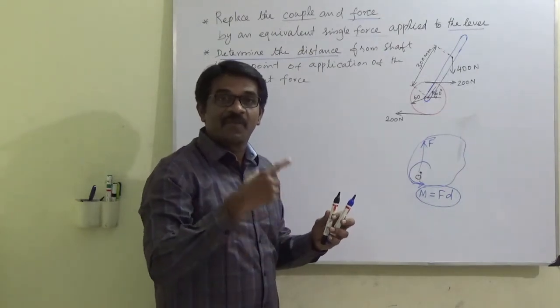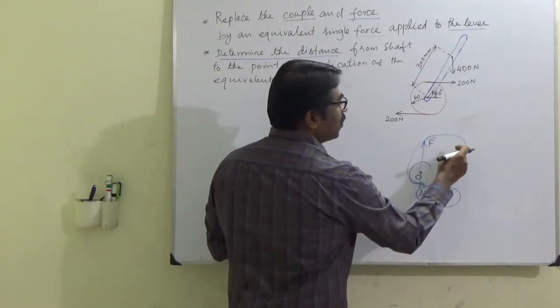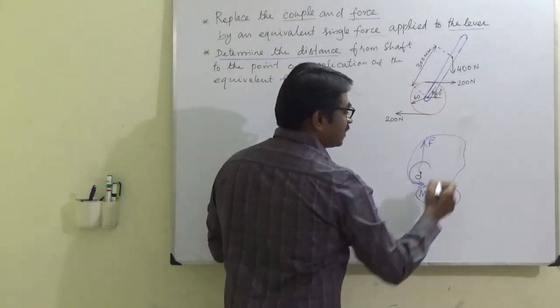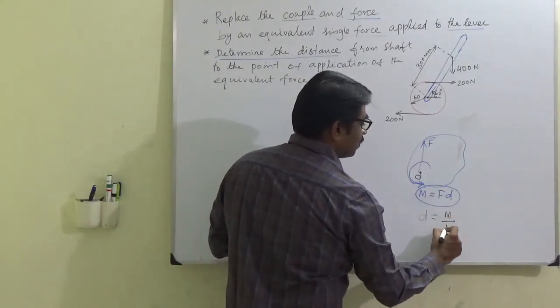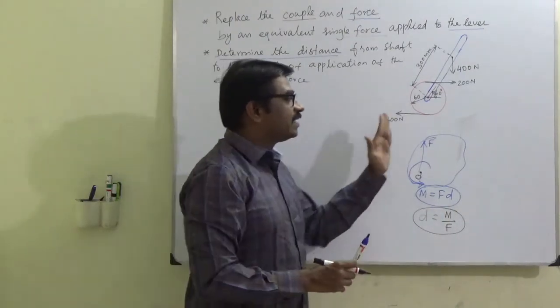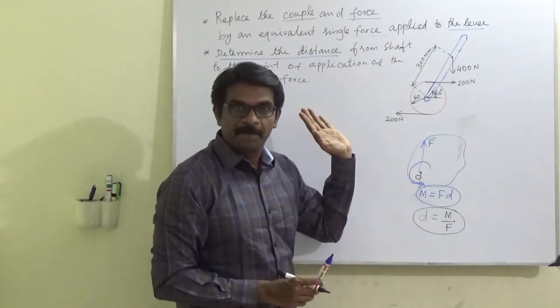Okay, so the effect will be the same. What will happen? This force will go to this place, the couple will be released. Then what would be the distance? The distance is nothing but moment by force. If I know this distance, I can shift this force, releasing the couple.